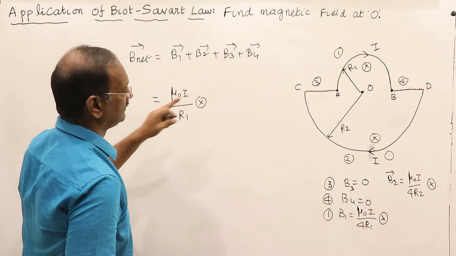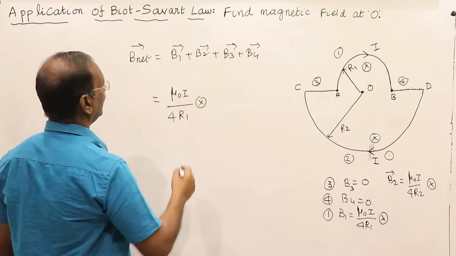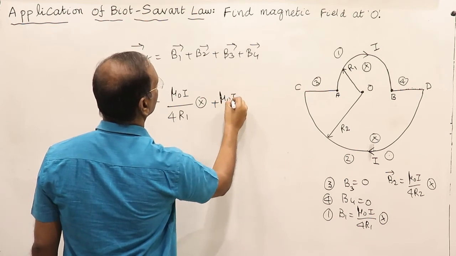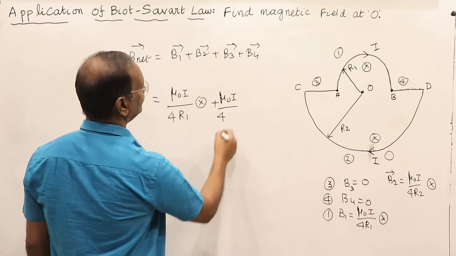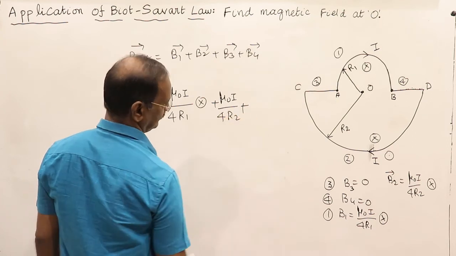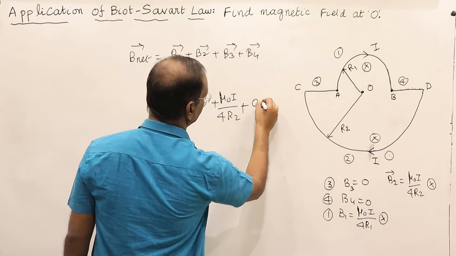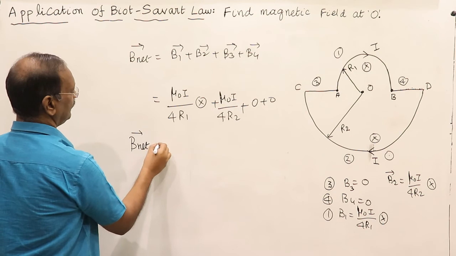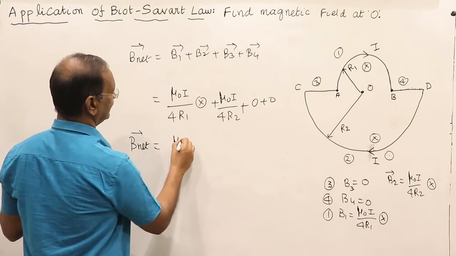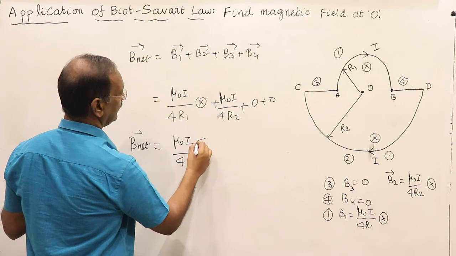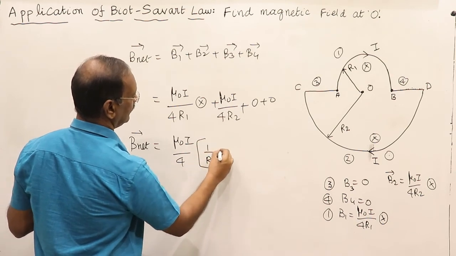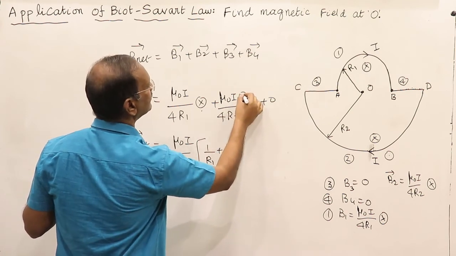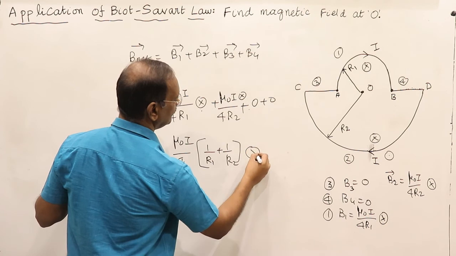This is magnitude and this is direction, inward. B2 is equal to mu naught I divided by 4 R2, and B3 is equal to 0, B4 is equal to 0. So B net in vector form is equal to, taking the common factor out, mu naught I divided by 4 into (1 by R1 plus 1 by R2). Since both are in the same direction, this is also in the same direction; the direction is inward.